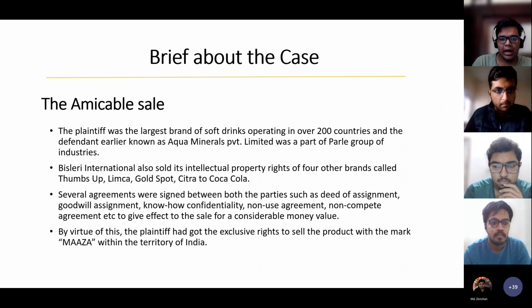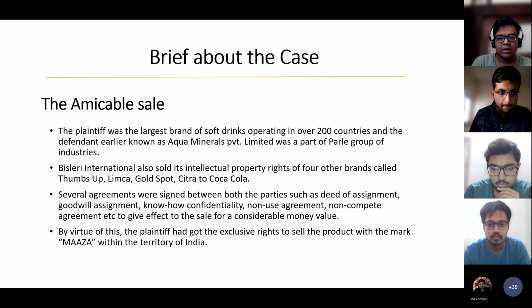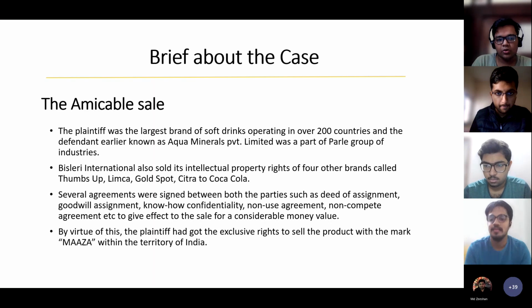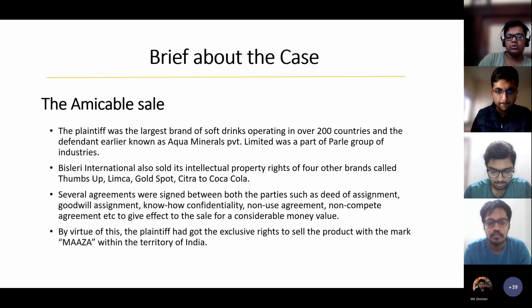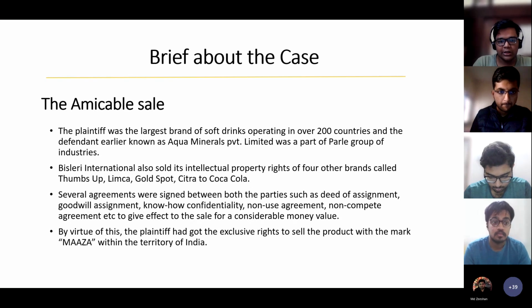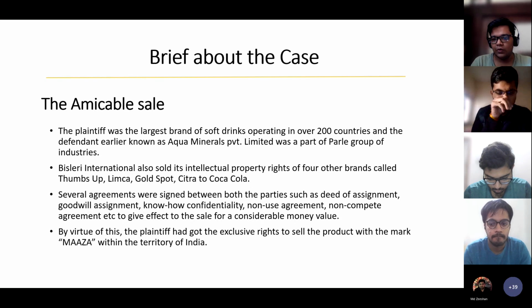To make the deal worth the money, many documents were signed, like goodwill assignment, know-how, confidentiality, non-use agreement, non-compete agreement, etc. The Coca-Cola company at that time was an established brand with drinks operating in over 200 countries.